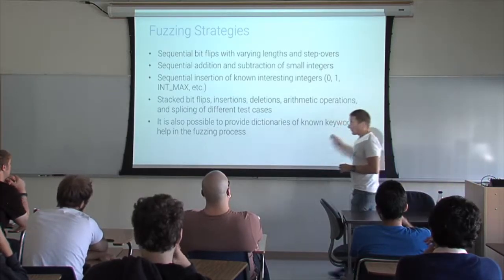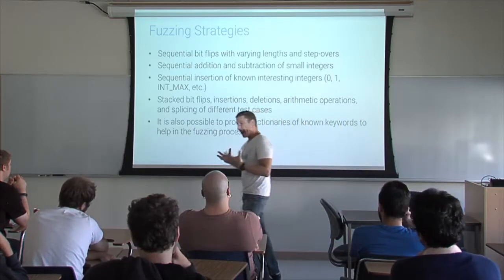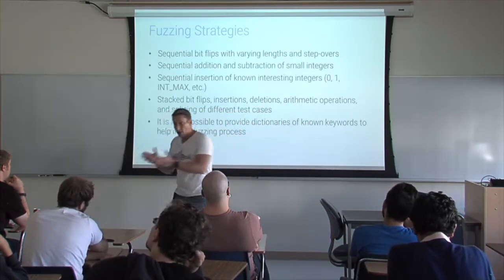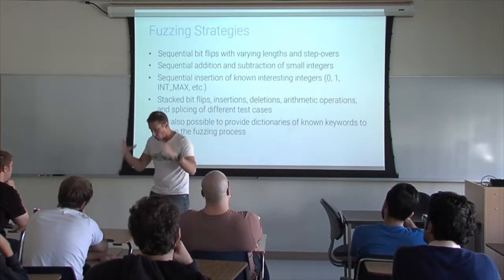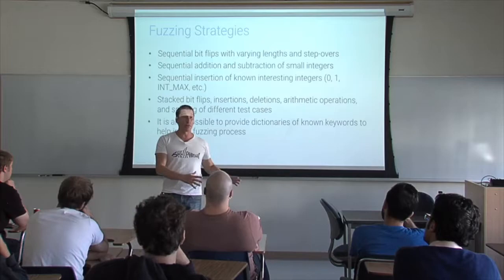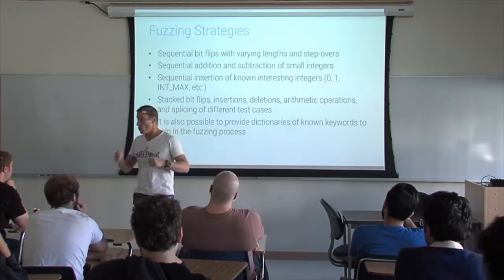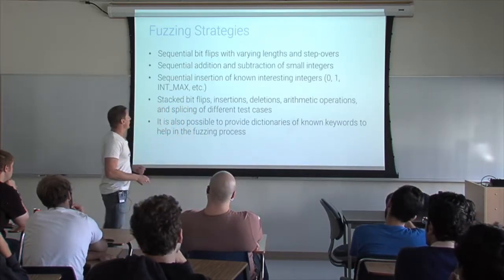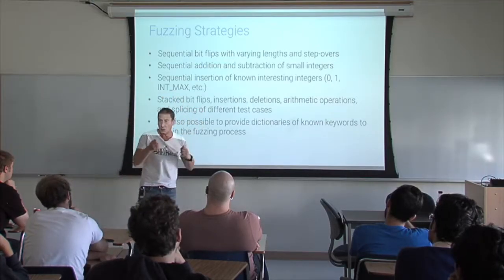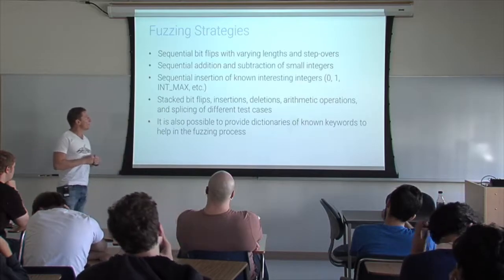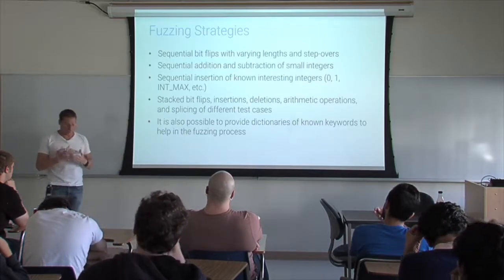Then you have the fuzzing strategy. Once you've decided what are the best files, given all the runs that you ran so far, you go back, you say, okay, these are the inputs that for me are the best to do what I have achieved so far. Now I want to do a bunch of different mutations. For example, bit flips, you can add or subtract integers from the files.